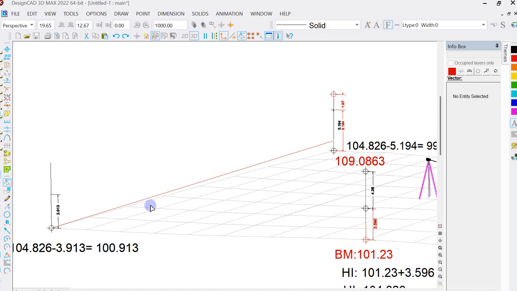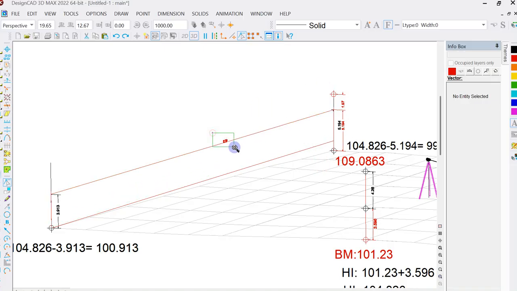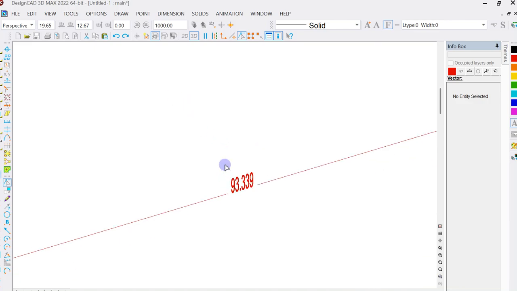So you would measure horizontally this dimension. See what that dimension is, 93.34. And then you would check that distance and height.